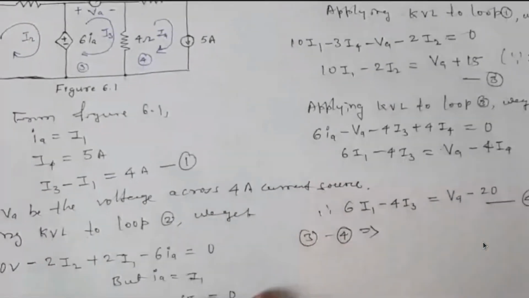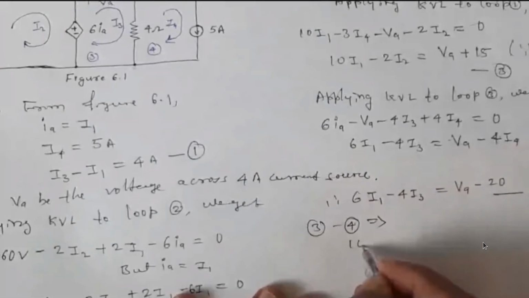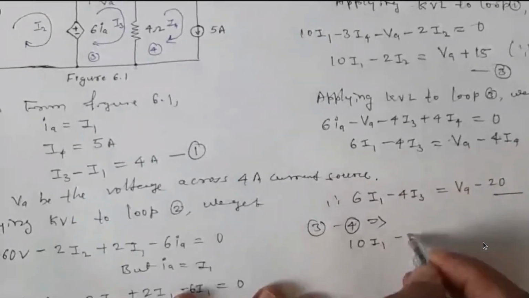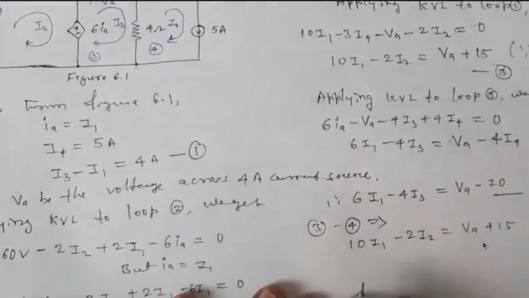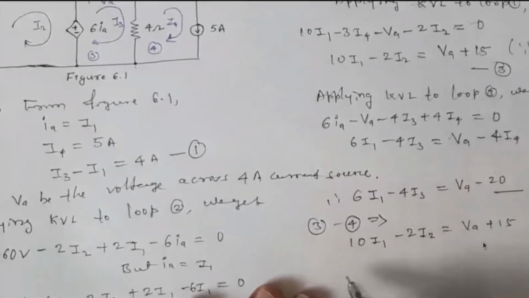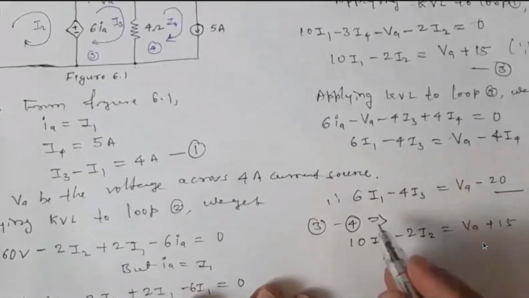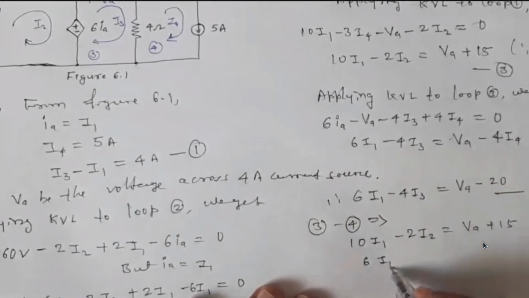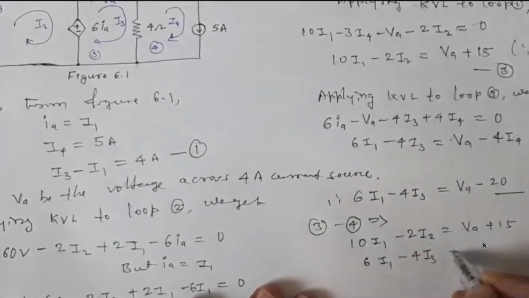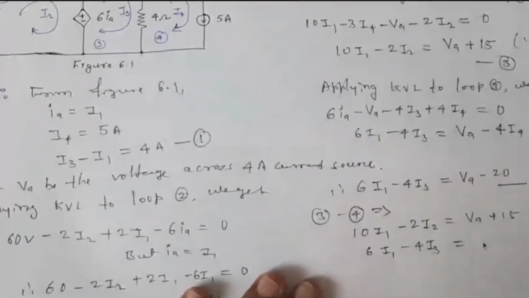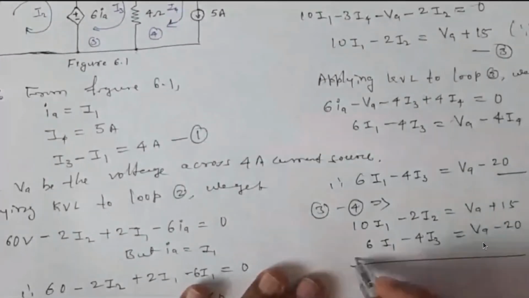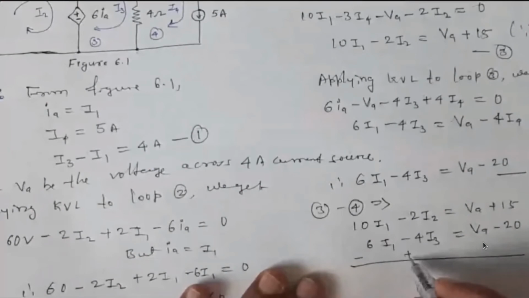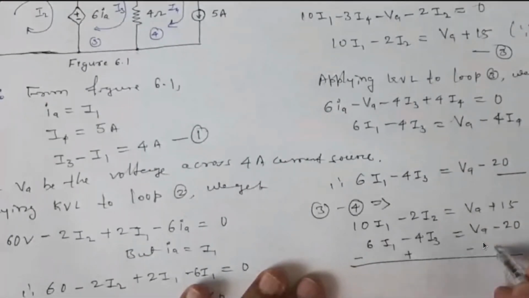What is equation 3? It is 10 I1 minus 2 I2 is equal to VA plus 15. And equation 4 is 6 I1 minus 4 I3 is equal to VA minus 20. So this should be minus, this should be plus.